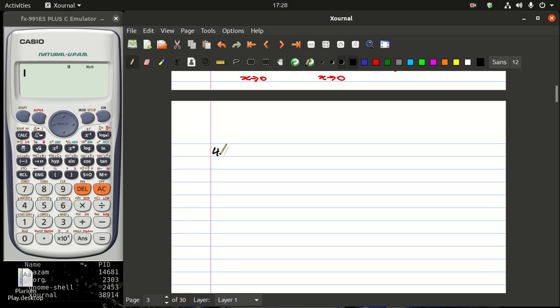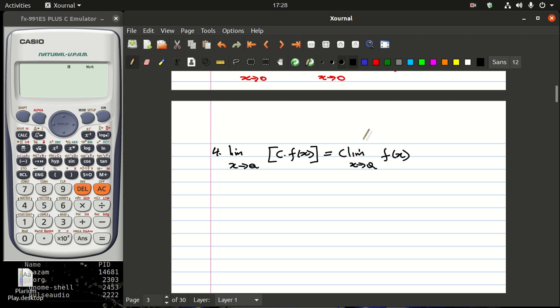Let's go to the fourth one. The fourth one is simply saying that the limit as x approaches a of a constant times some function f of x, I can always take that constant in front of the limit and take the limit of that function and then multiply later. So first take the limit as x approaches a of f of x, and then multiply that by that constant.